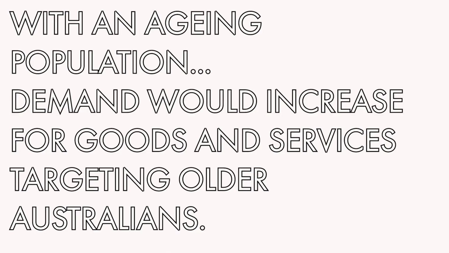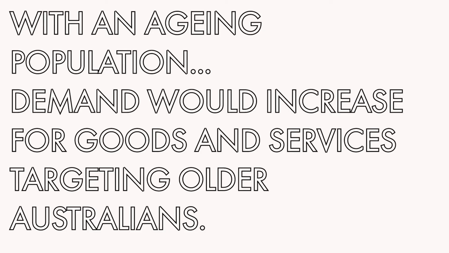Now, the second one is all about the age distribution of a population. The easiest way I like to think about it is, let's say we've got an aging population in an economy. Let's say that the age distribution is getting longer in terms of older people in the economy. If there is an aging population, that means there will be greater demand for products that are catered to older people. So we might see increasing demand for walking frames and maybe pureed foods and maybe aged care as well.